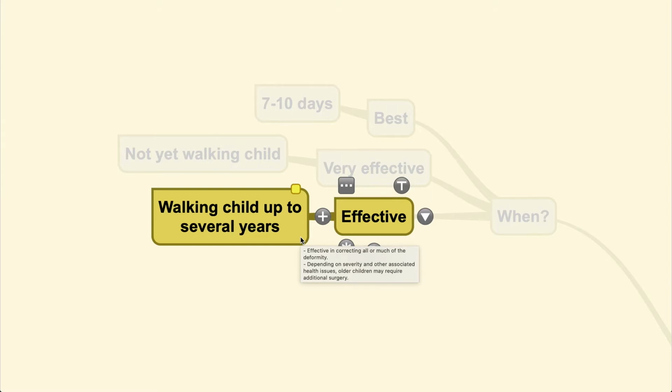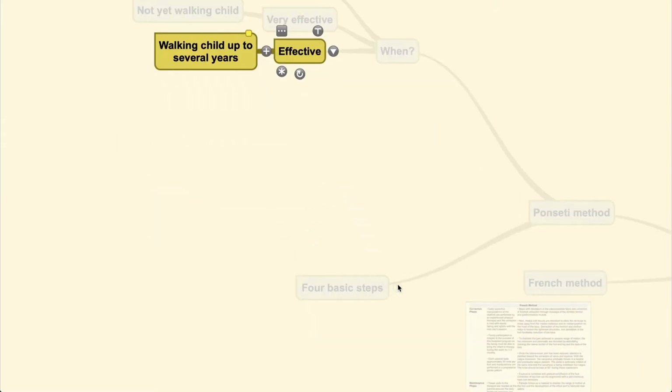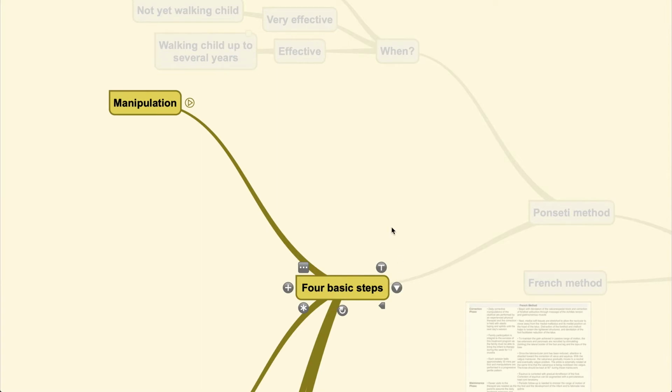In developing countries, sometimes children present to us with CTEV after they have walked for several years, and it is sometimes still advisable to try manipulation and casting, and move on to the operation if the foot is too stiff to accept any changes. The next question is, how do you do the Ponseti?